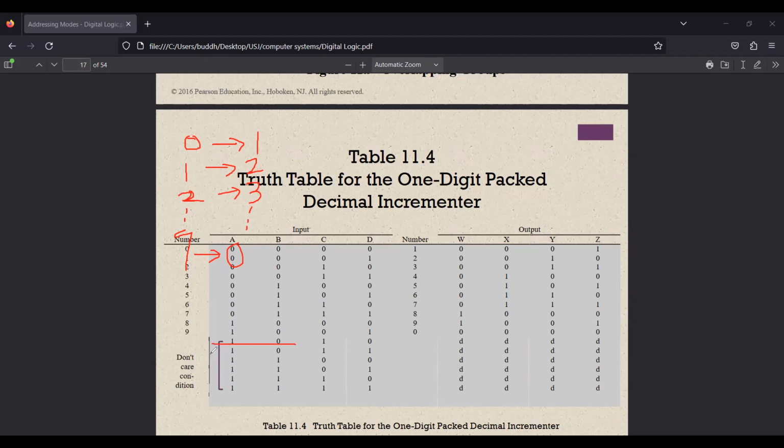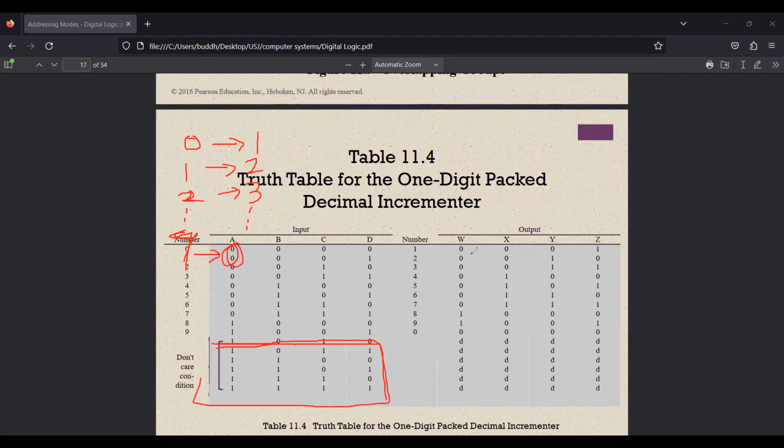So this particular part will represent number 10, but we do not need number 10 since after 9, we go back to 0, right?